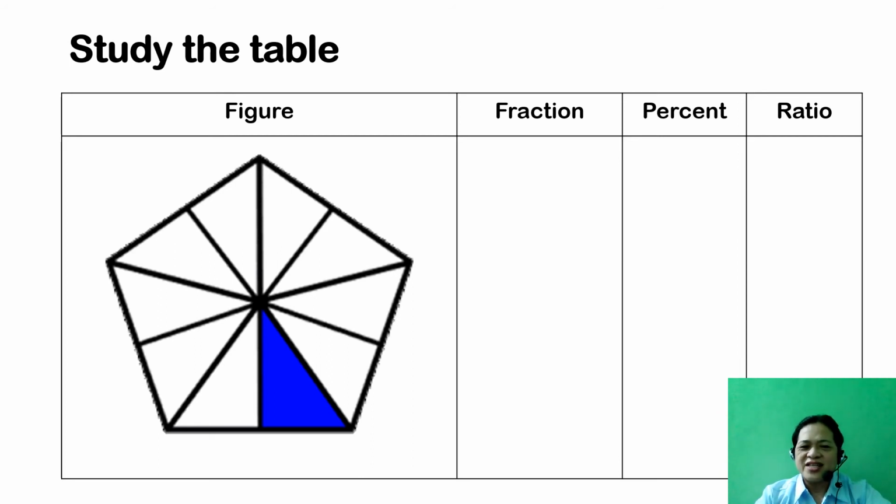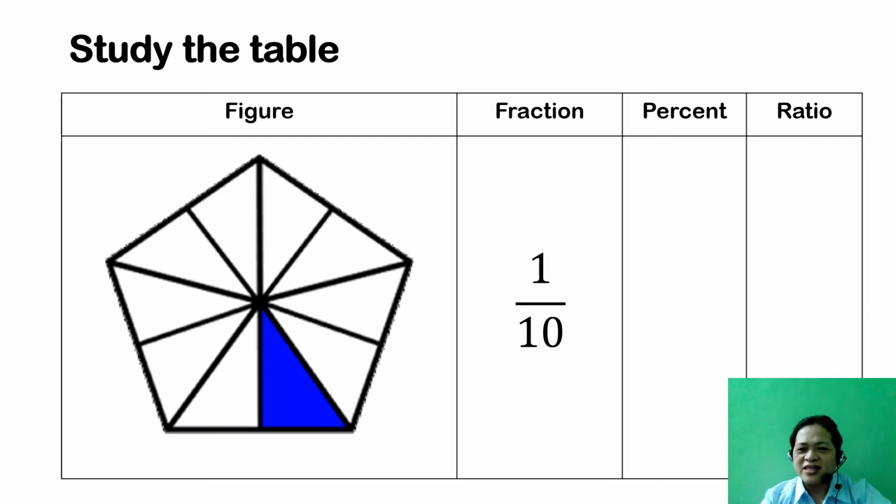Very good. It is 1 over 10. So how will you get the percent of the shaded regions? You got it right. Multiply both the numerator and denominator by 10.